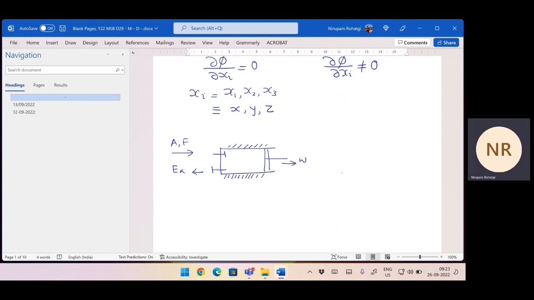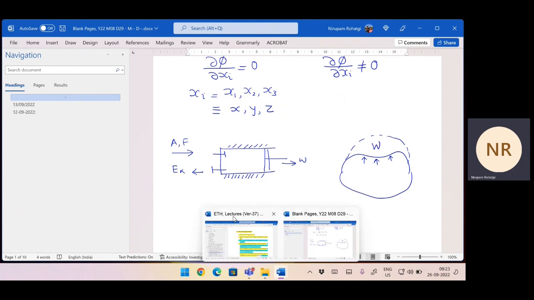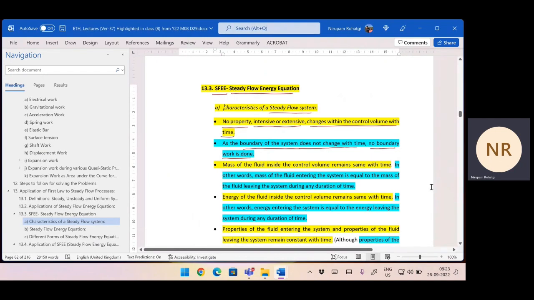Now, if you have a closed system like this and it changes boundary like this after some time, this boundary has done work, done by the system on the surroundings. This is W. Here, because the boundary is not changing, no work is done.